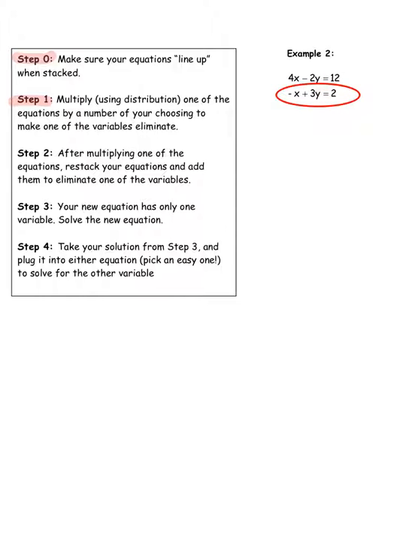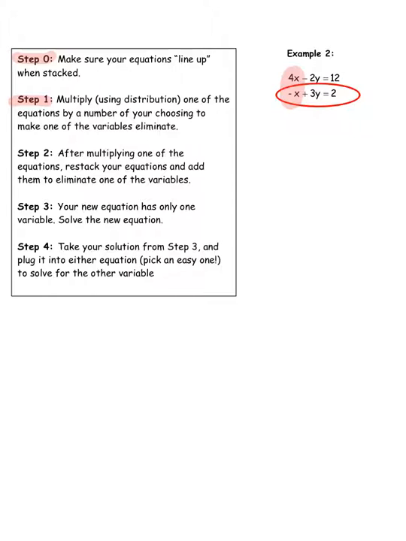So what we're going to do is we're going to multiply using distribution one of the equations by a number of your choosing to make one of the variables eliminate. So you can kind of have a choice here of what variable you want to eliminate. I'm going to eliminate the x's, and I'll tell you why.